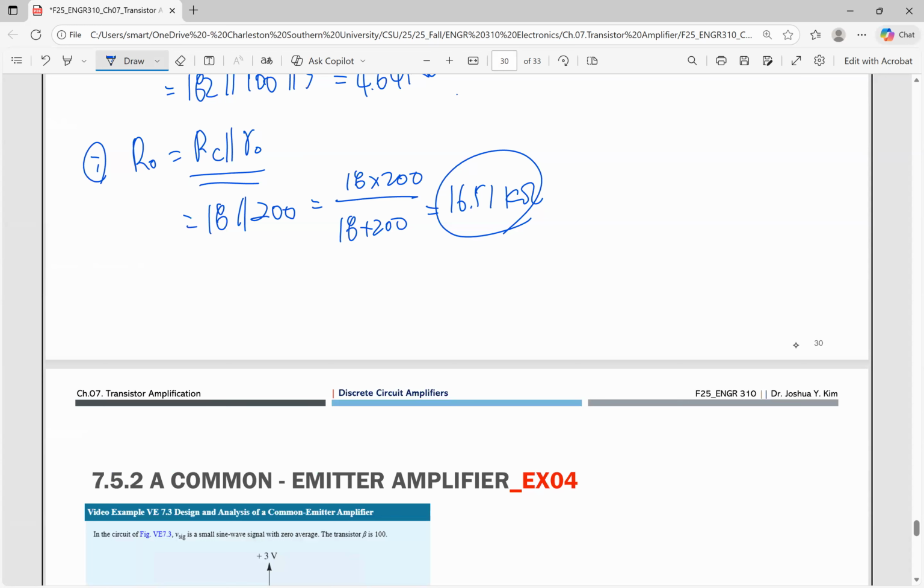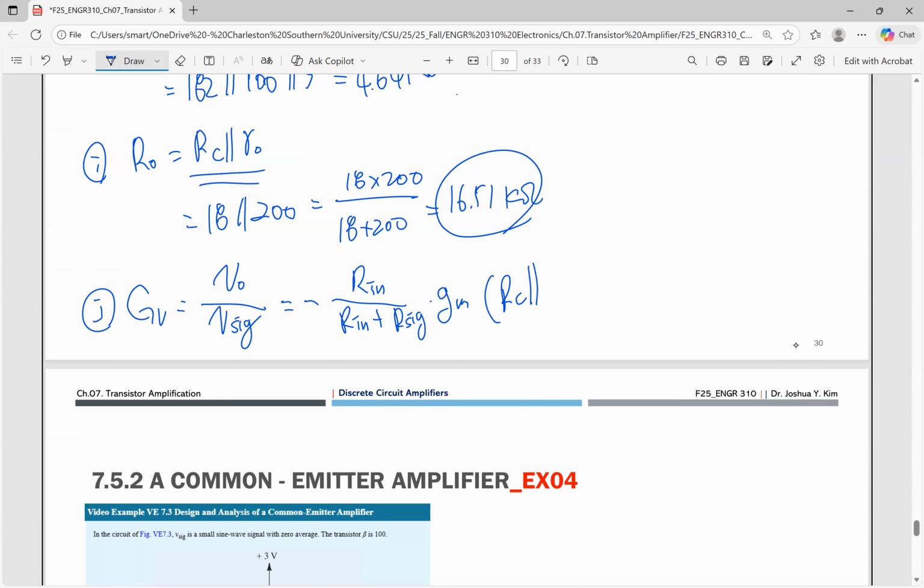All right, the last one, the overall voltage gain we learned before. V sub out over V sub signal. I'm gonna skip the derivation, okay? So we can express that as R sub in over R sub in plus R sub signal times G sub M, R sub C, R sub L, and R sub 0.